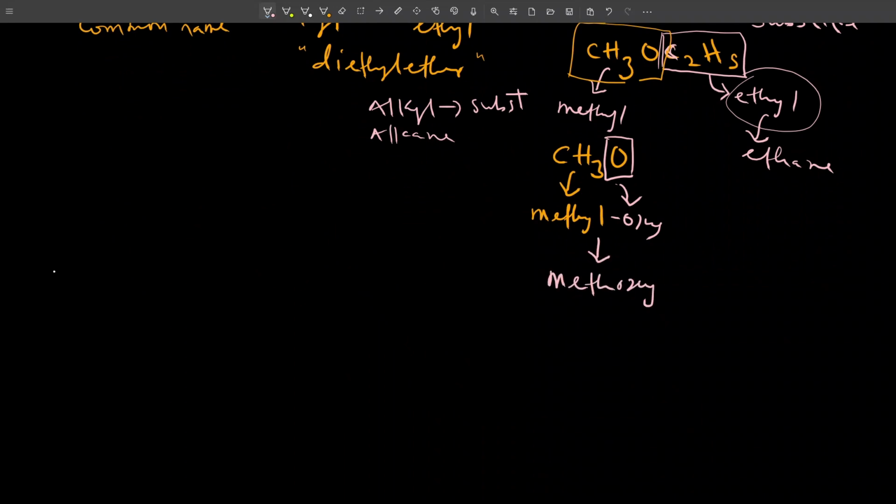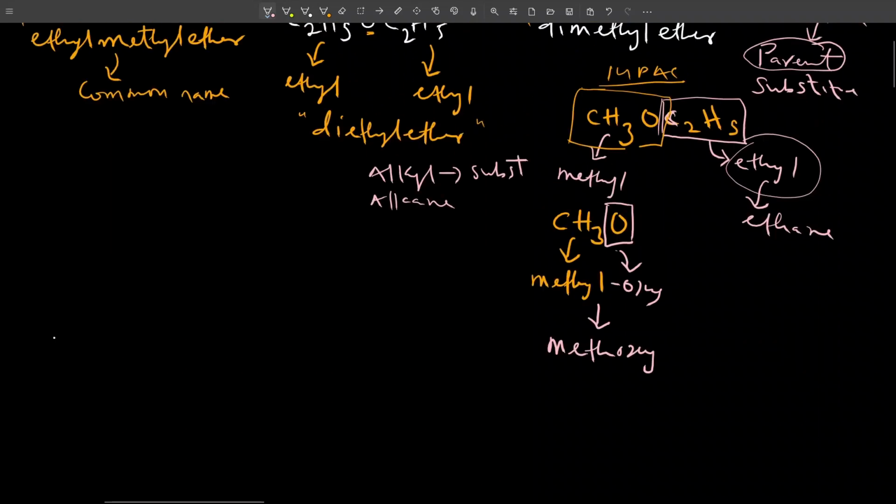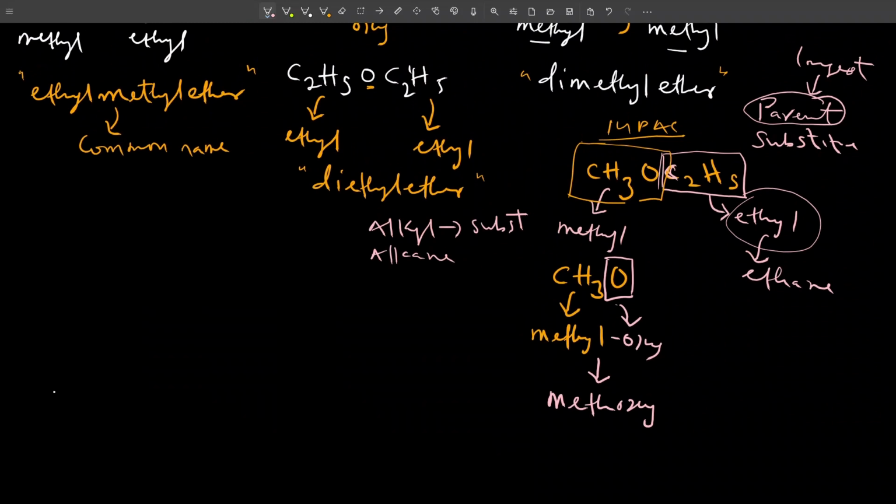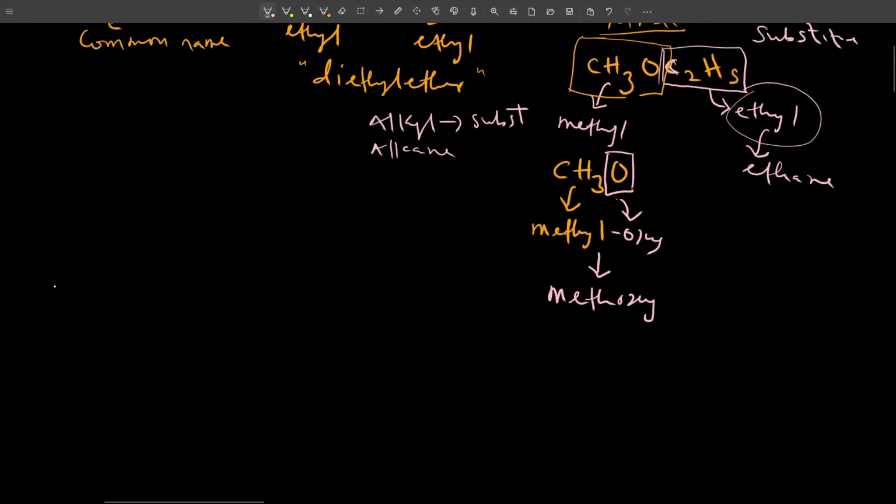So methoxy is our substituent, while ethane is the parent. So the name of this compound, which I formally named as ethyl methyl ether, the IUPAC name is methoxyethane. I think that's clear.